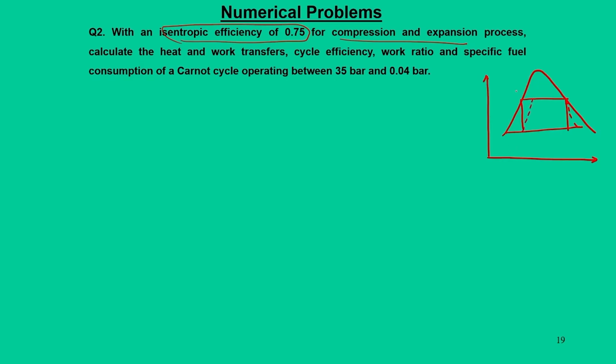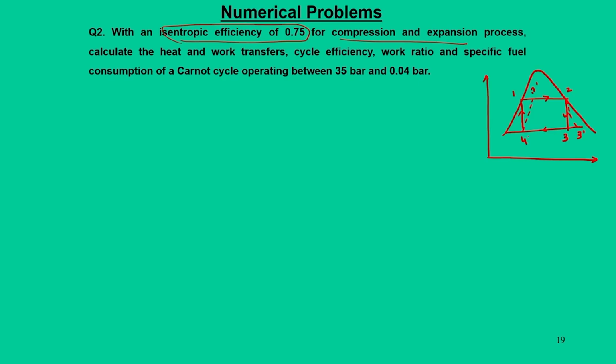So, 1, 2, 3, 4 is the Carnot process without component efficiency, and the real process is 1 dash, 2, 3 dash and 4.